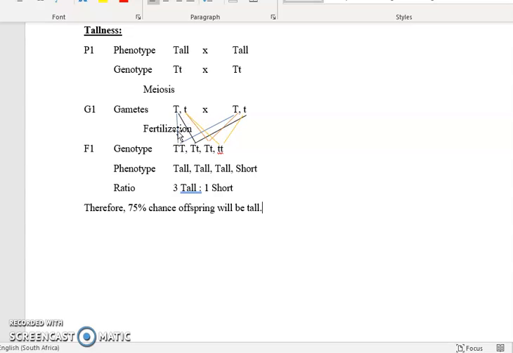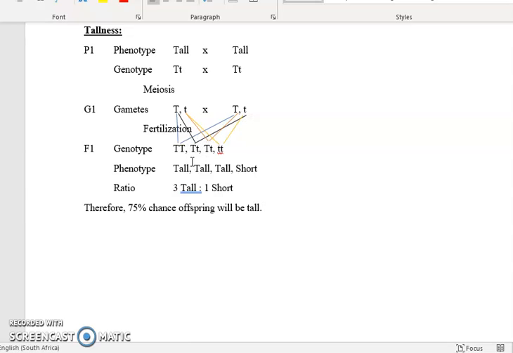So you take each allele and you cross it with each of the other alleles from the other parent. So follow our blue line, capital T from parent 1 and capital T from parent 2. So that gives us our genotype of capital T, capital T. Following our black line, capital T from parent 1 with little t from parent 2.